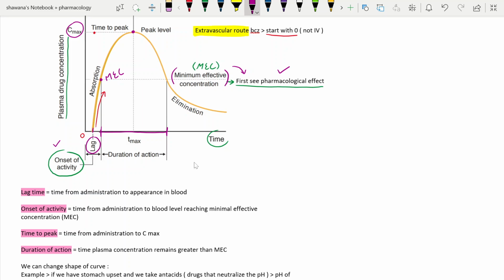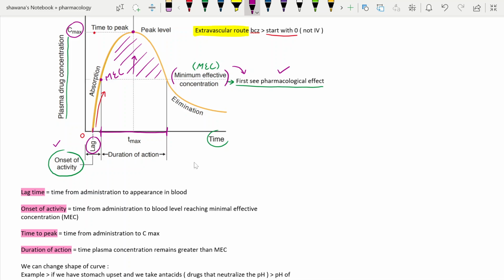The time in which the plasma concentration of the drug is above the MEC, the minimum effective concentration, is called the duration of action. When the drug is in this part of the graph, we can see its duration of action.